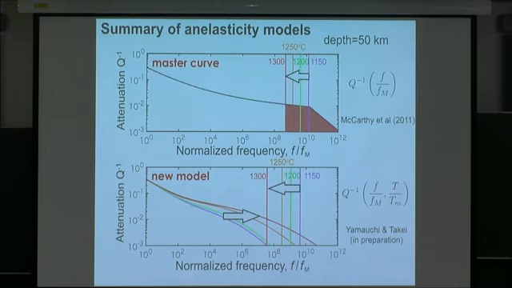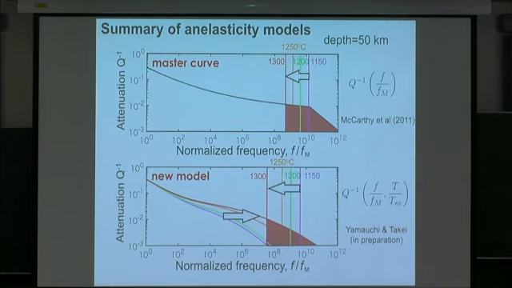So this integral is 0 for blue curves and 0 for green curves, and this small area for orange and this big area for red. So the anelastic effect increases very steeply with temperature.